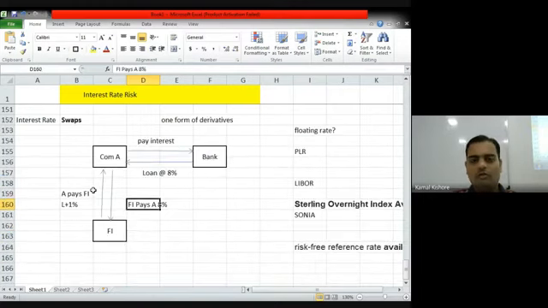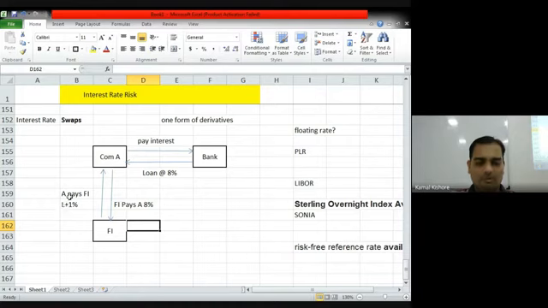Are you getting this? FI will pay, to whom? It will pay to A. FI pays 8%.